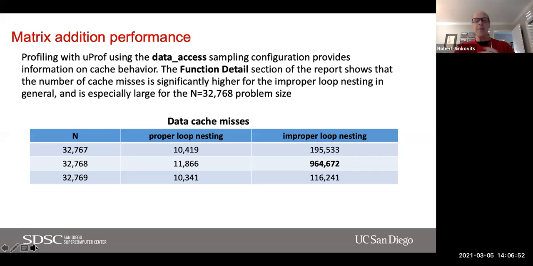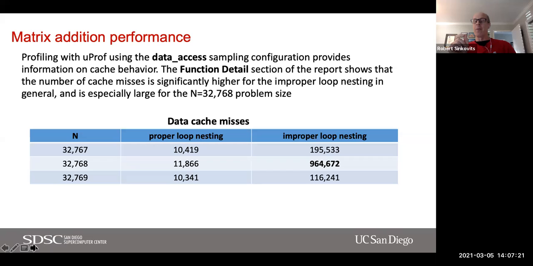Again, the same table as the previous slide, except here we're looking at data cache misses instead of runtime. The number of cache misses is pretty consistent when I had the proper loop nesting: about 10,400, a little bit higher for the case of 32,768, and then a little over 10,000 when I bumped up to 32,769.